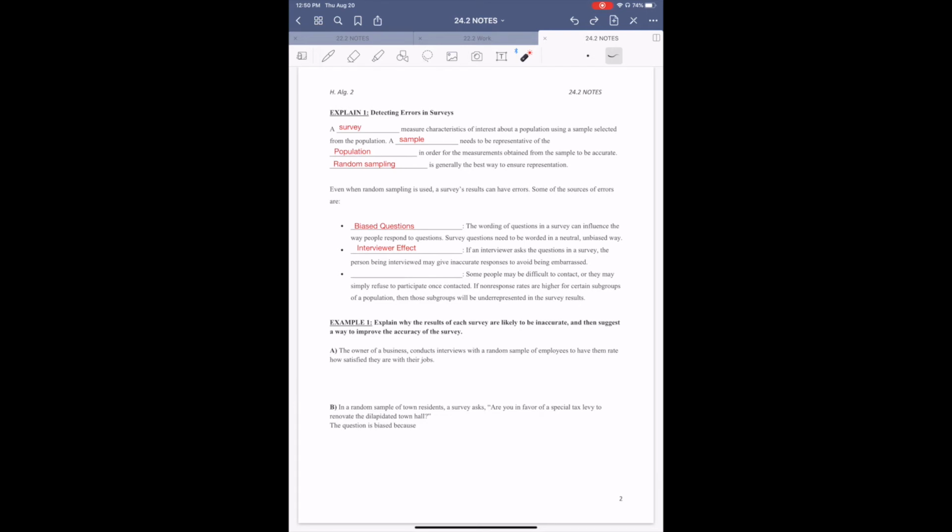Okay. And the third one would be nonresponse. Some people may be difficult to contact, or they may simply refuse to participate once contacted. If nonresponse rates are higher for certain subgroups of a population, then those subgroups will be underrepresented in the survey results. So picture a survey happening at the high school.